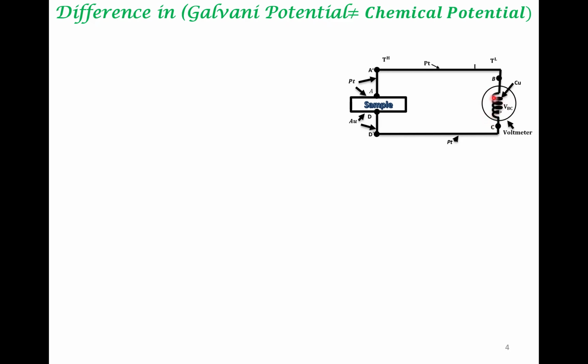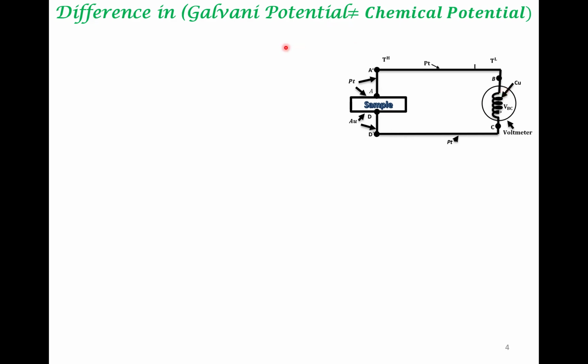So the leads that are coming out of a voltmeter will also be copper. We are not going into how a voltmeter measures its potential. That's not the point of this lecture. But we are just mentioning that there is a solenoid inside a voltmeter, and the material that makes up the solenoid is copper.